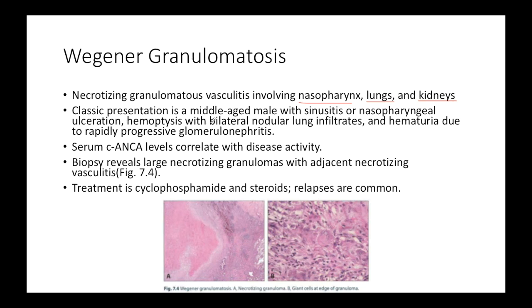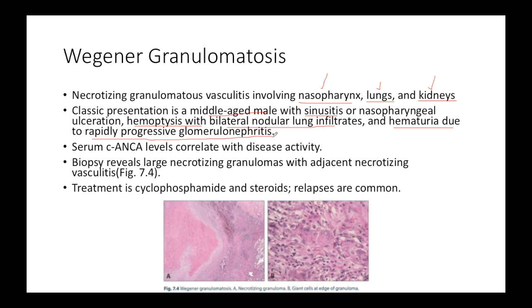The classic presentation, you can see a middle-aged male with sinusitis or nasopharyngeal ulceration. You can see hemoptysis and bilateral lung infiltrates and hematuria. So again, we have nasopharynx, the lungs, and the kidneys being involved here. And hematuria can be due to rapidly progressing glomerulonephritis.